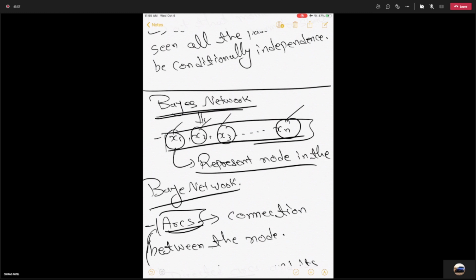These basically cause certain conditions where you can come to the decision that this customer gets the loan or not, or this plant has this disease or not. These are certain causalities that we are representing in our Bayesian belief network. Okay. Thank you. We'll meet in the next class.